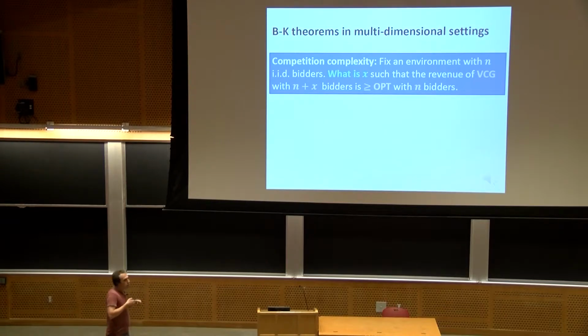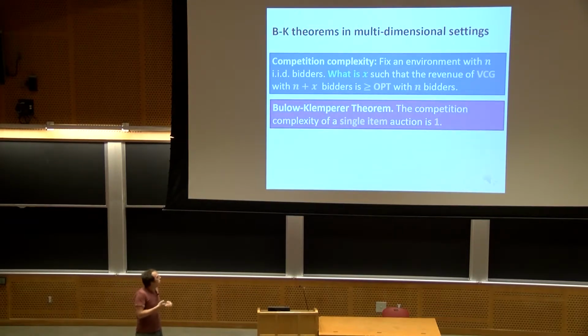We look for the number x such that if we run VCG with x additional bidders added to the initial n bidders that we have, then we get more revenue than the optimal mechanism with the original n bidders. And to get some feeling about this terminology, we note that we already discussed that the computation complexity of a single item auction is 1. We just need to add another bidder and run VCG, and we get more than the optimal mechanism.